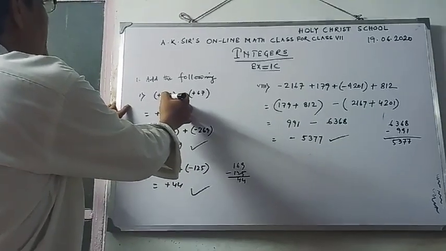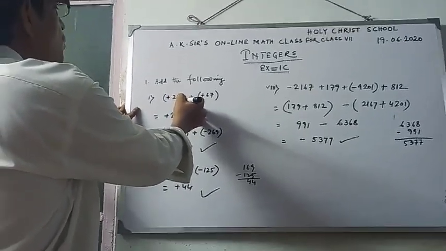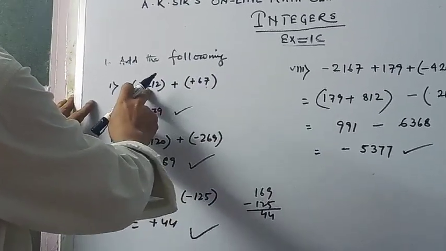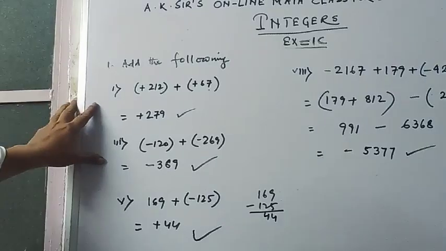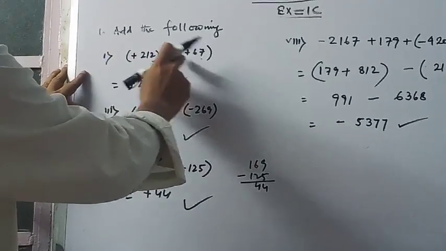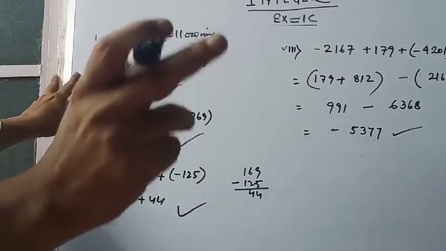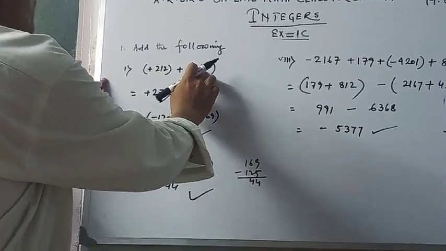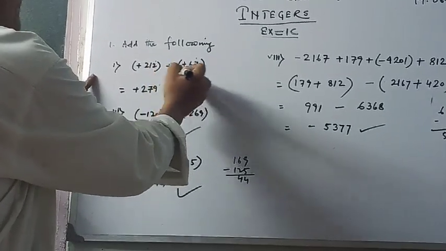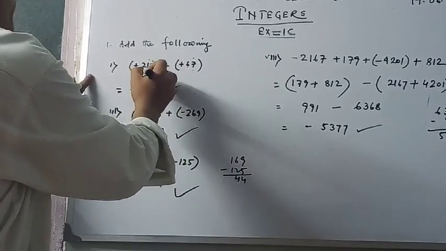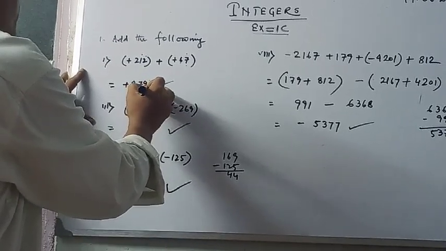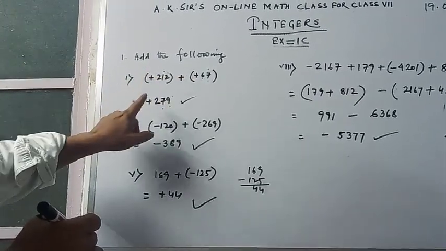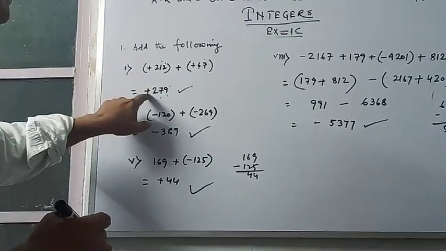Add plus 212 plus 67. That means both are positive integers. Both have the same sign. So when both have the same sign, we add the absolute values of both. 212 plus 67 is 279, and we attach the common sign, which is plus.